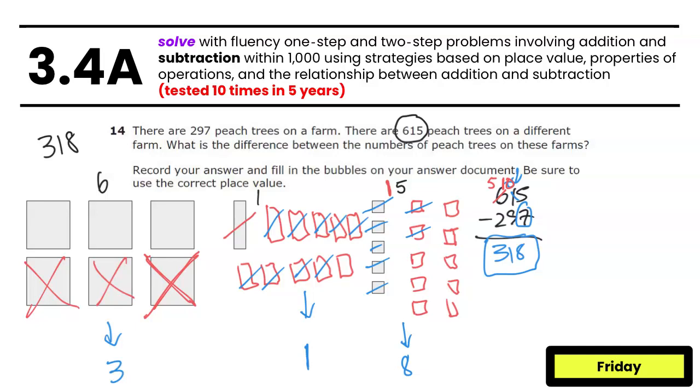And you can point them back to, hey, remember when we did this using base 10 blocks? That's what's happening when we cross out that 5 and make the tens place a 10 instead of a 0. And so we want you to be able to go back to this memory that you've created of using base 10 blocks so that students are able to conceptualize and visualize this strategy.